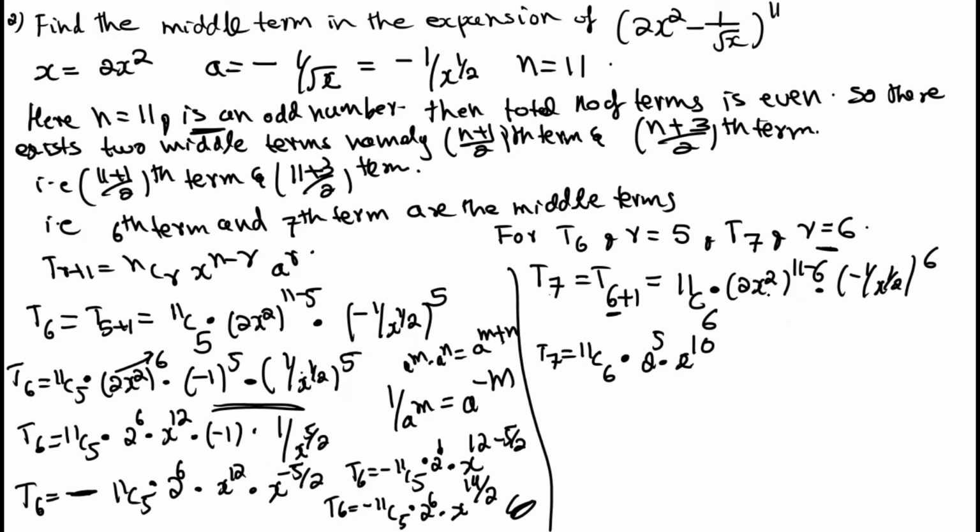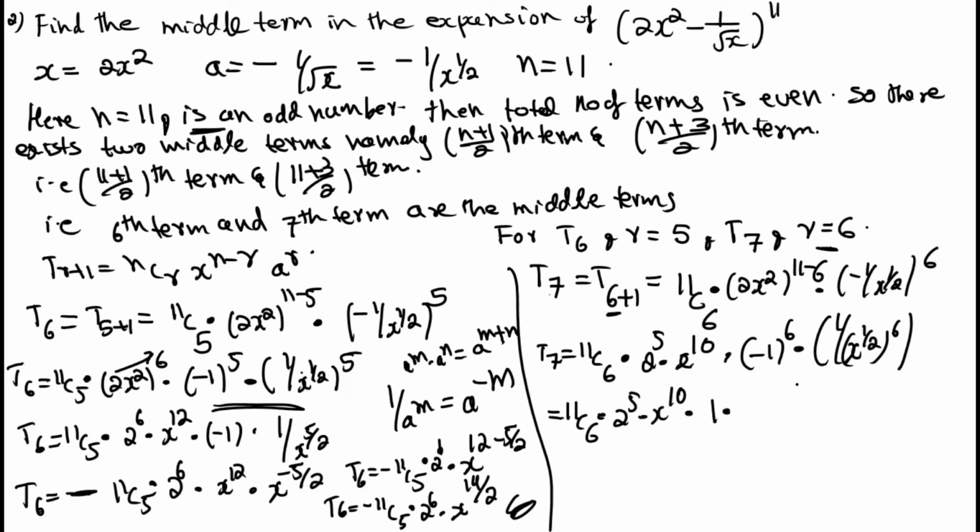So 2^5 into x^(2×5), which is x^10, into, here you can write it as (-1)^6 into 1 by x^(1/2) to the power 6. So here it's equal to 11C6 into 2^5 into x^10 into (-1)^6, which is plus 1. So into 1 into, here you can write 1 by x^3, since 6 by 2 has value equal to 3.